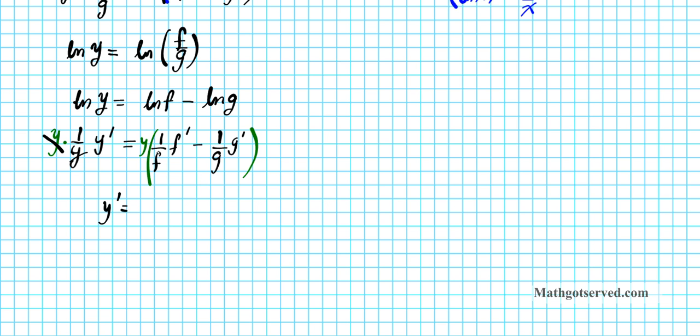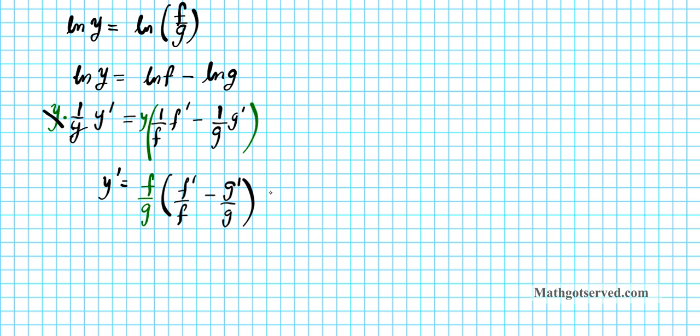When you multiply y to both sides and the y ends up on the right side, you replace it with its original value. In this case, y is f over g. So I'm multiplying the right side of my equation, which is f prime over f minus g prime over g, with f over g. Okay, so let's go ahead and distribute that.